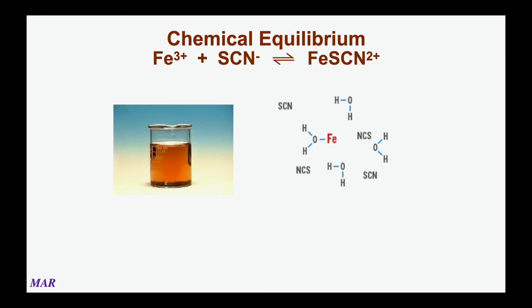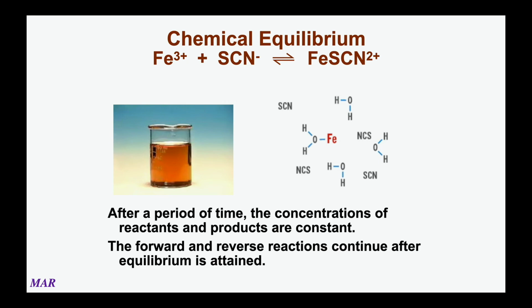So equilibrium is very dynamic. These things are changing all the time on the atomic level. At first, there's a lot of action because the iron and the SCN- come together to make that blood red, orange-red, whatever you want to call it, color. But after a while, the reactants and products settle down, all right? You still have forward and reverse reactions, but there's a constant state.